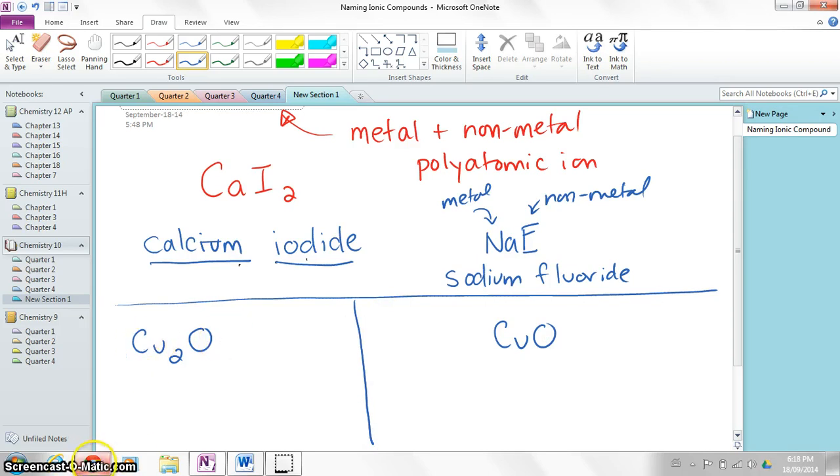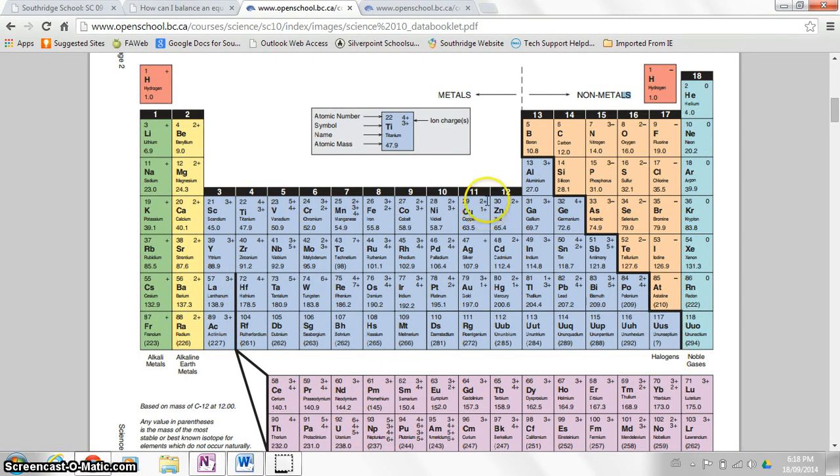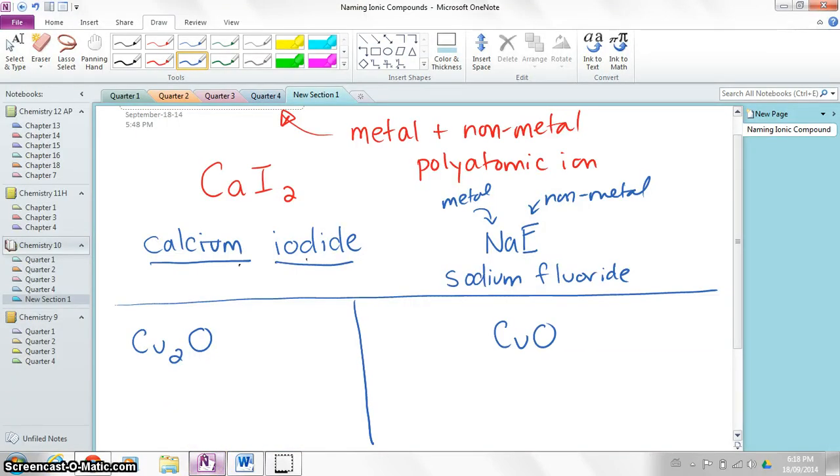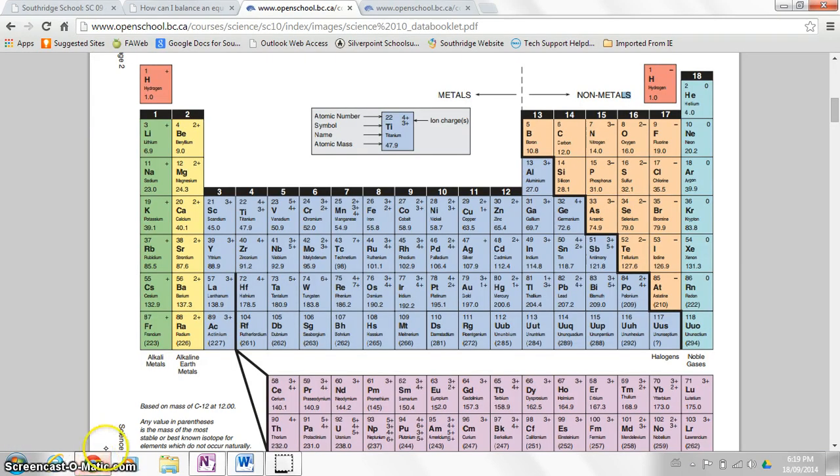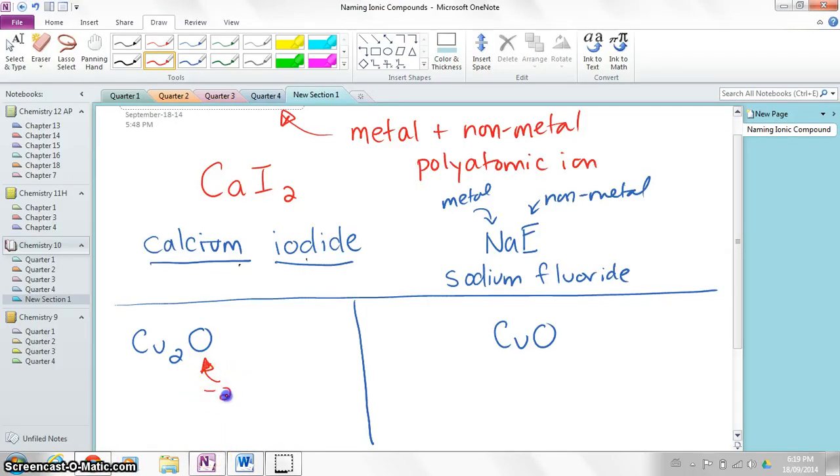If you look at your periodic table and you find copper, you can see it comes in more than one flavor, or it makes two different types of ions. So how do you figure out which one it is? Look at what it's attached to. Oxygen, if you check out oxygen on the periodic table, here it is over here, it makes an ion with a -2 charge. So oxygen is -2. Now copper can be +1 or copper can be +2.